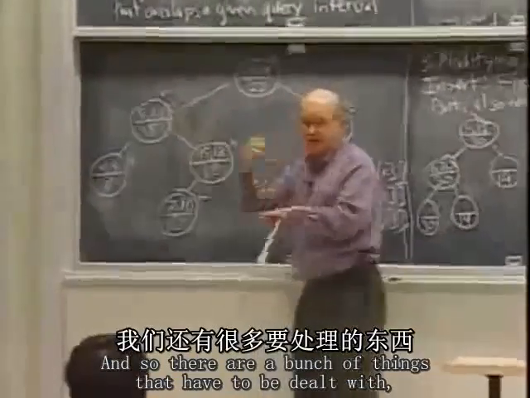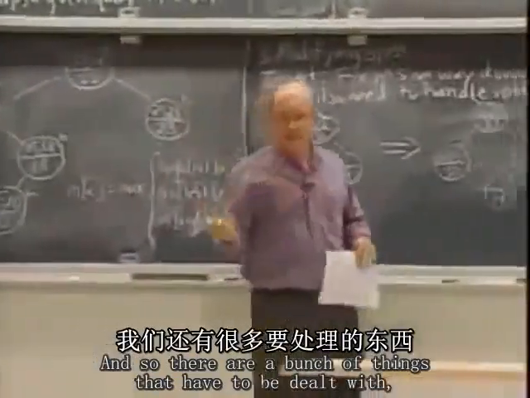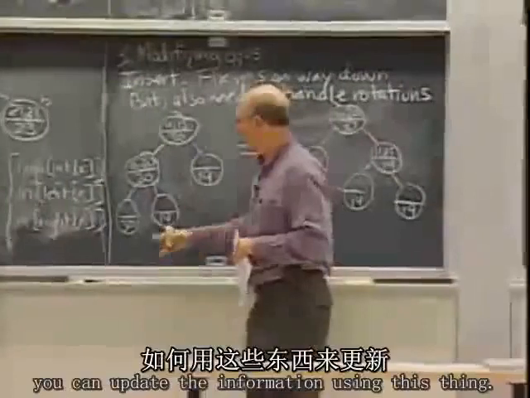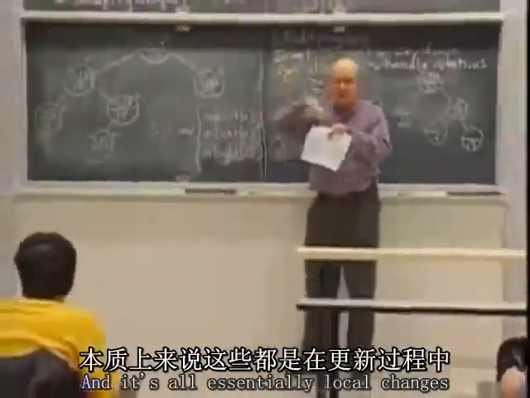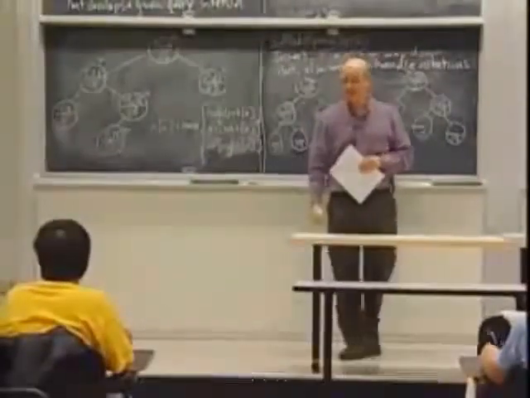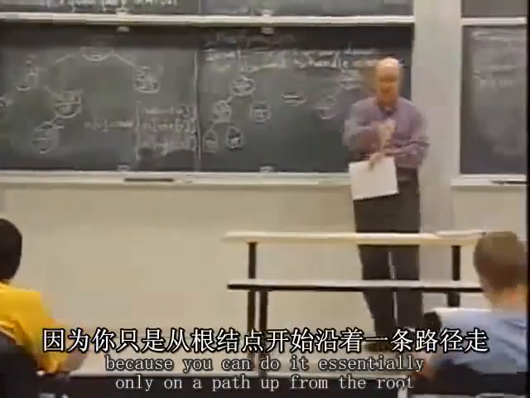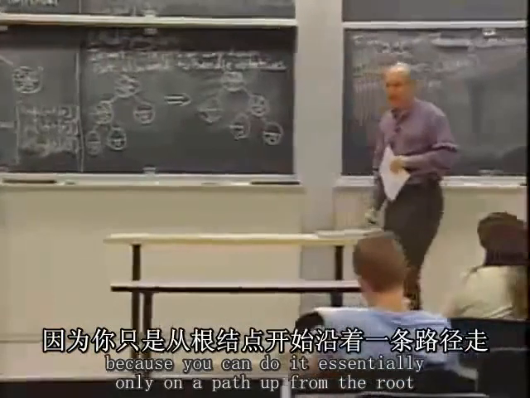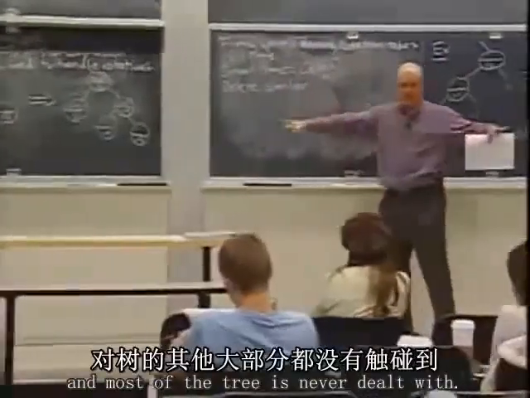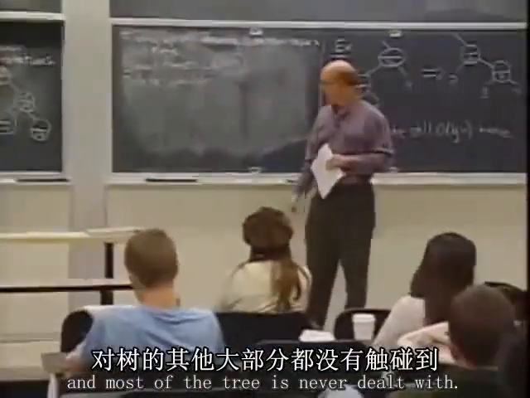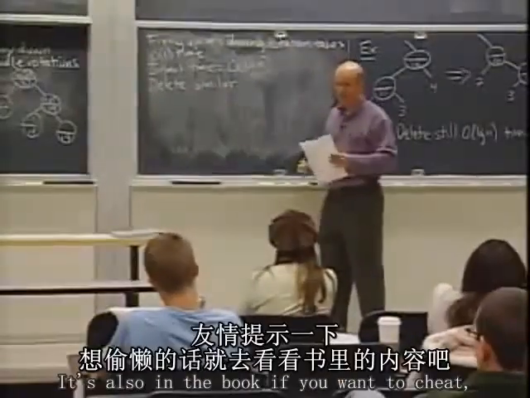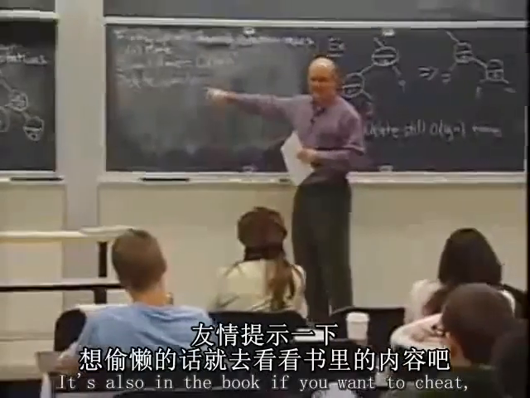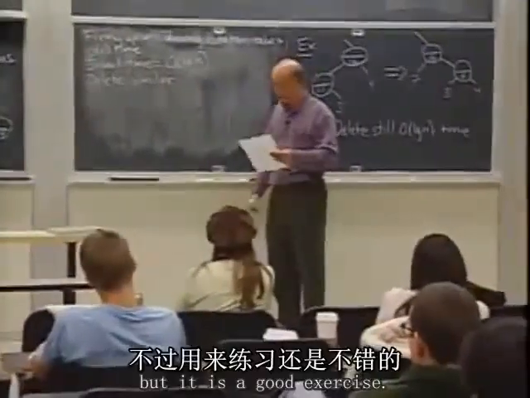And so there's a bunch of other things that have to be dealt with, but it's all stuff where you can update the information using this thing, and it's all essentially local changes when you're updating that information. Because you can do it essentially only on a path up from the root, and most of the tree is never dealt with. So I'll leave that to you folks to work out. It's also in the book if you want to cheat. But it's good exercise.